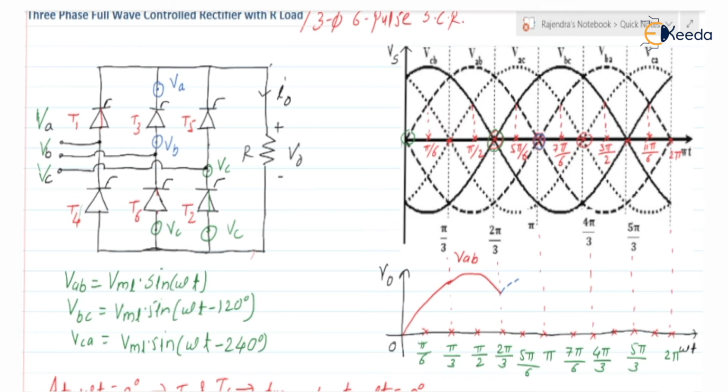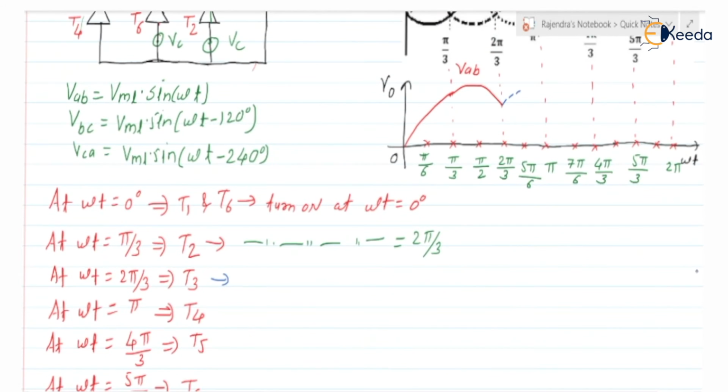So thyristor T3 will turn on at omega t equal to pi. From 2 pi by 3 to pi, which thyristor pair will be in the on state? It is T1 T2.